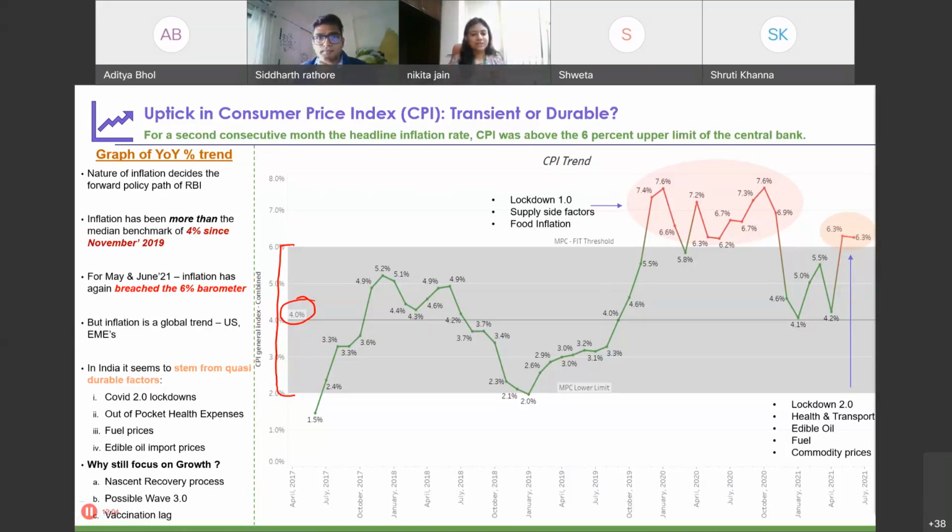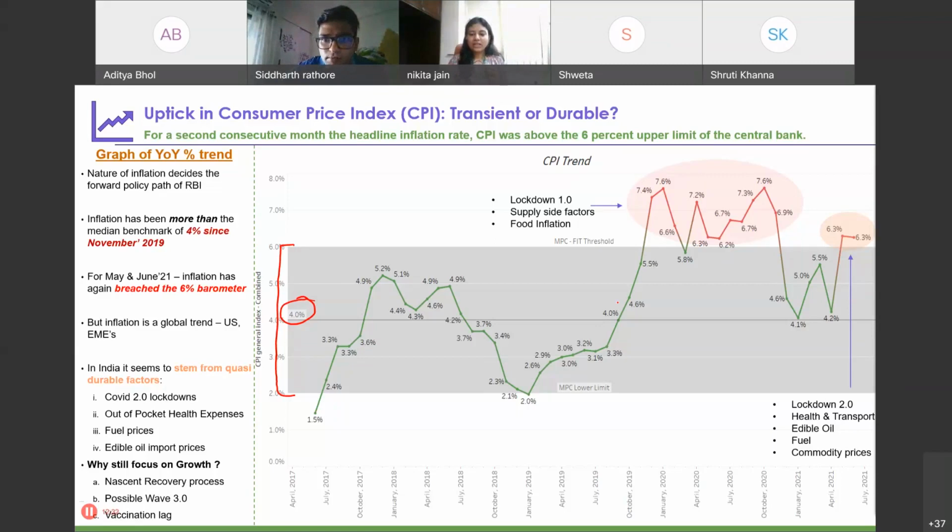No problem. So now coming back to the trend of inflation in the past few years and especially the past few months, it was actually in the tolerance band of the RBI, but since October 2019, even before COVID, it has been above 4% mostly.